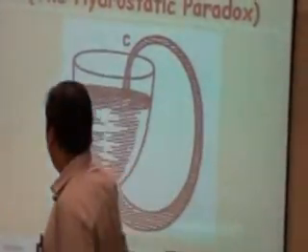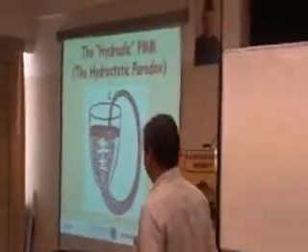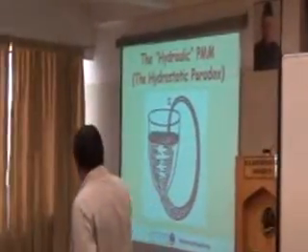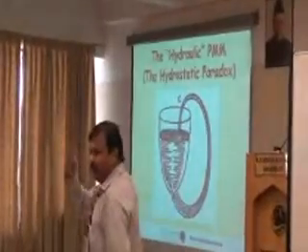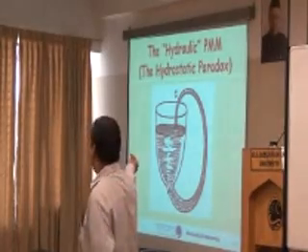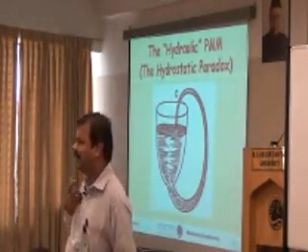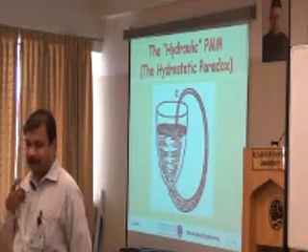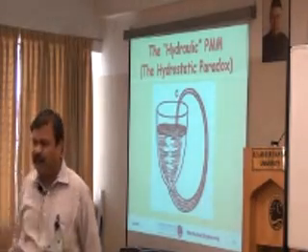So this is a hydraulic perpetual motion machine. You have a tube which pumps water. So the water is going to keep on circulating. If I keep a small turbine in between, I can generate energy forever. The water is going to keep on flowing.